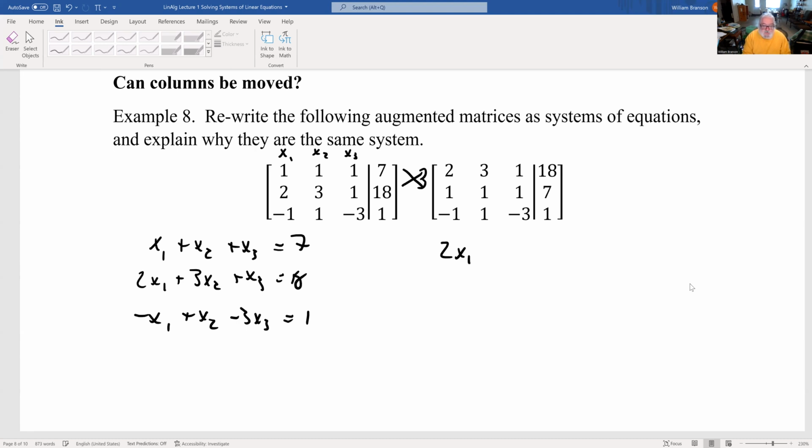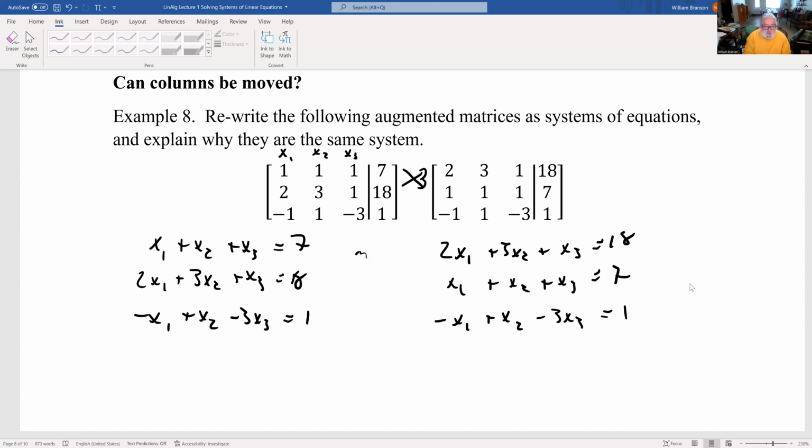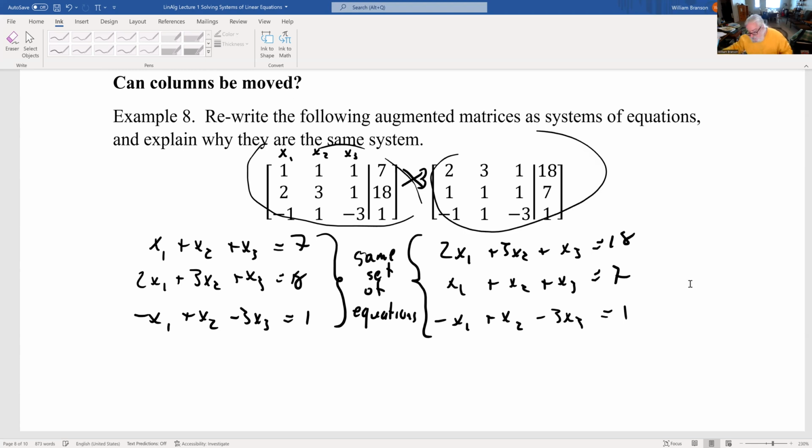This is 2x1 plus 3x2 plus x3 equals 18. x1 plus x2 plus x3 equals 7. Minus x1 plus x2 minus 3x3 equals 1. These are the same set of equations, and it doesn't really matter what order you write them in. So these augmented matrices have the same solution because it's the same set of equations, and all I'm doing is writing the equations in a different order.